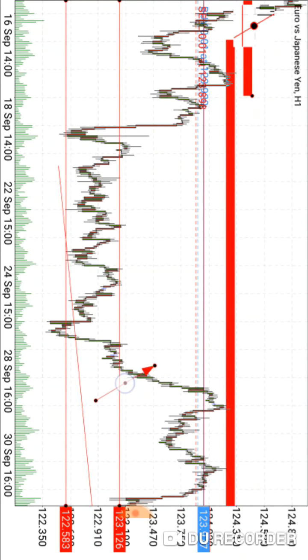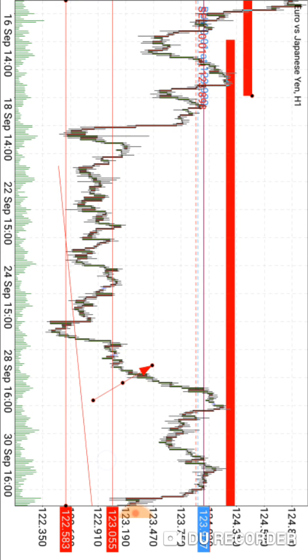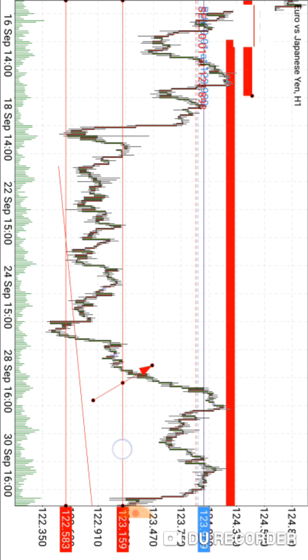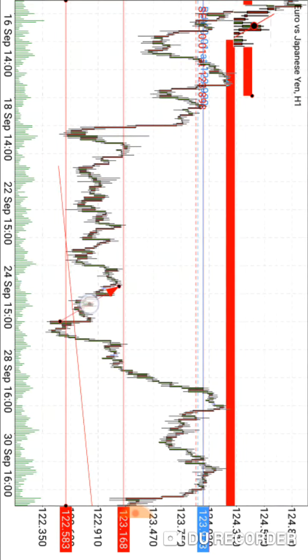You can trade it in two ways. You either trade it using my strategy from the class, by counting the zigzag levels: this is 1, this is 2, this is 3, this is 4, this is 5.